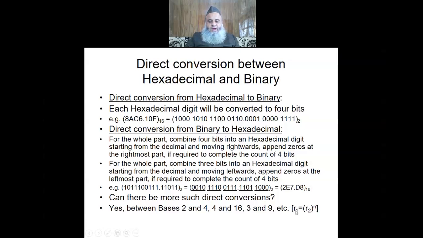If R1 is 9, then 9 is 3 square, so 2 digits will be required. So likewise, you can go on converting directly whenever you have the exact powers. And what exact power is that? That will give you how many digits it needs the conversion to. So this is the idea of direct conversion.